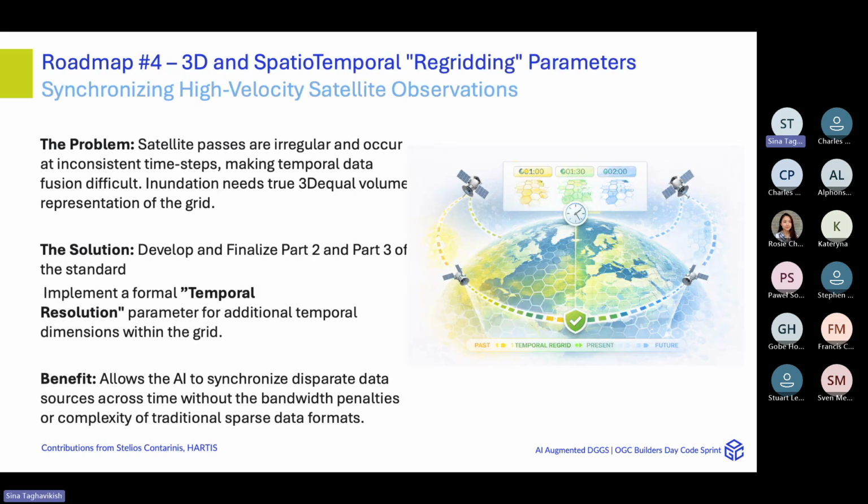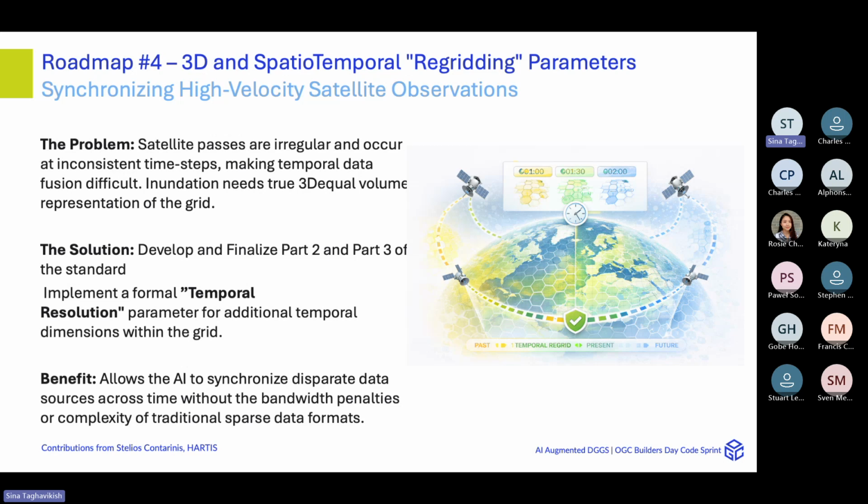The other topic is the 3D and spatiotemporal regridding parameters. Yes, that's part 2 and part 3. Satellite passes are irregular and occur at inconsistent time steps, making temporal data fusion difficult. You have inundation at the land and sea interface, and you need a 3D equal-volume representation of the grid.